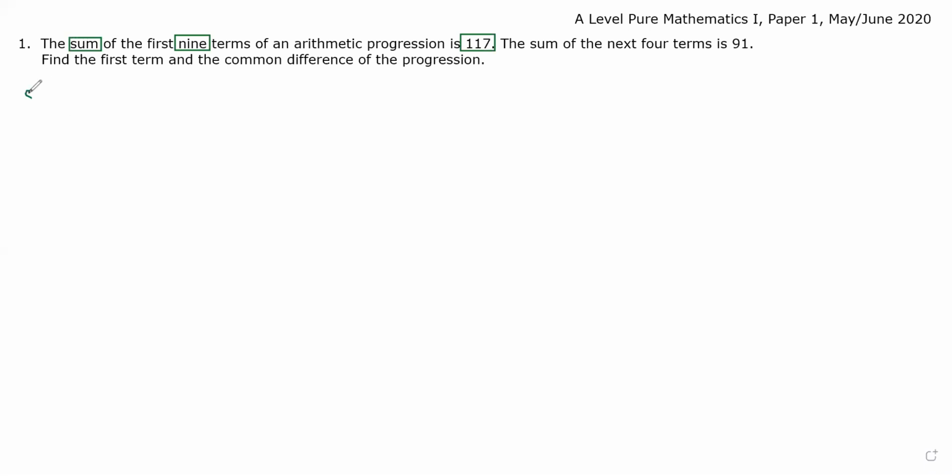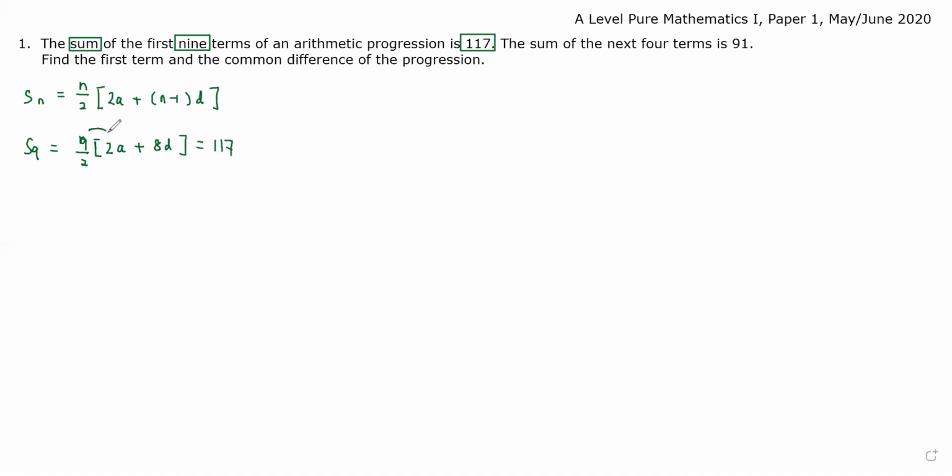The sum of the first n terms of an arithmetic progression is given by n over 2 times (2a plus (n minus 1)d). For the first 9 terms, n is 9, so 9 over 2 times (2a plus 8d) equals 117.